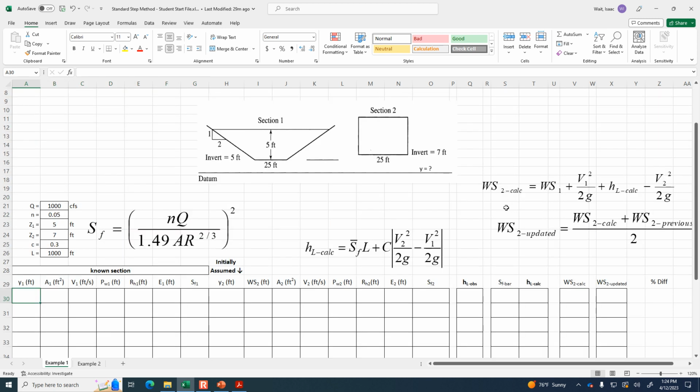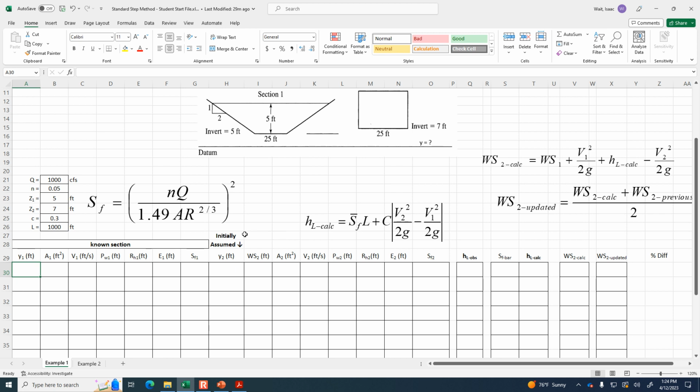And at the known section, regardless of how many guesses we do, the data is going to stay the same, because it's already known to be 5 feet. So here for the depth, y1 equals 5.